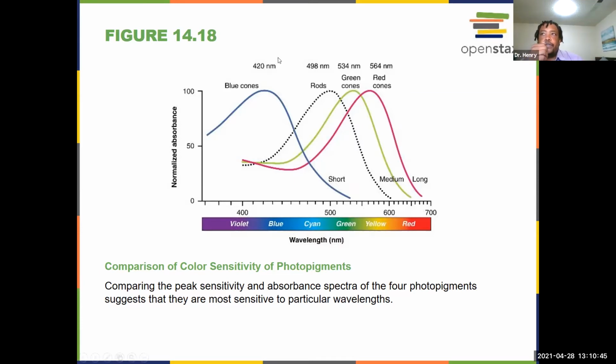It recognizes the wavelength at 420 nanometers. The green opsin recognizes the wavelength at 534 nanometers, and the red opsin recognizes the wavelength at 564 nanometers.